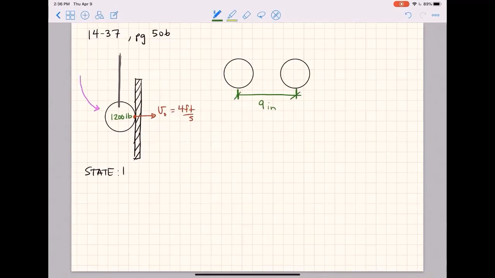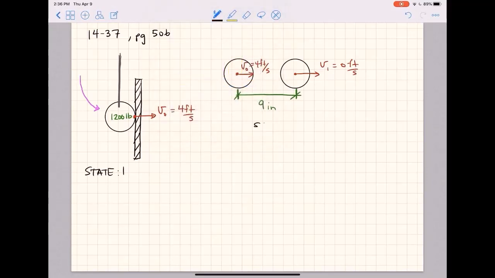It's just a horizontal displacement. We know again that initial velocity, I'll just write it again, v naught is equal to 4 feet per second. And that the final velocity, well, it says it comes to rest. So therefore it must be 0 feet per second.